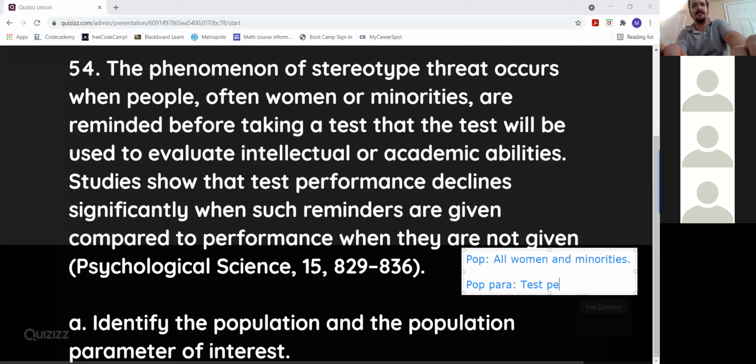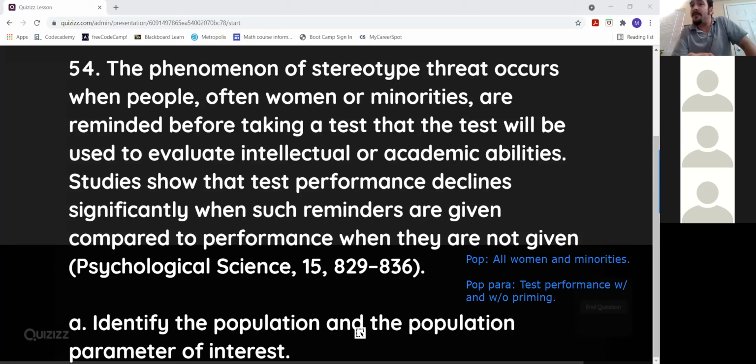I think it would be the test performance, right? Test performance, and we're going to look at test performance with and without priming them, or giving them that sentence that says, oh, you're going to be compared now. So we're going to compare their test performances, the variable being the priming that we're doing.